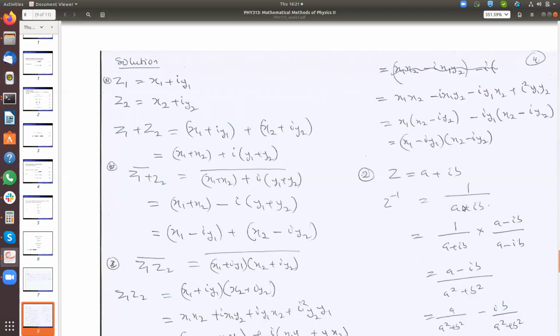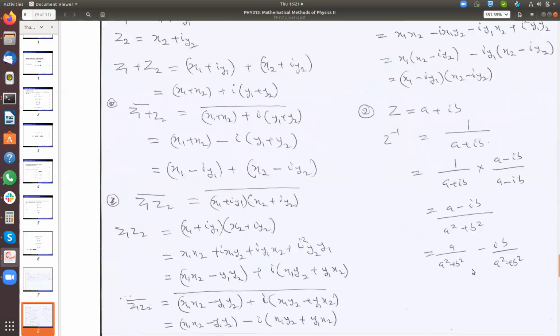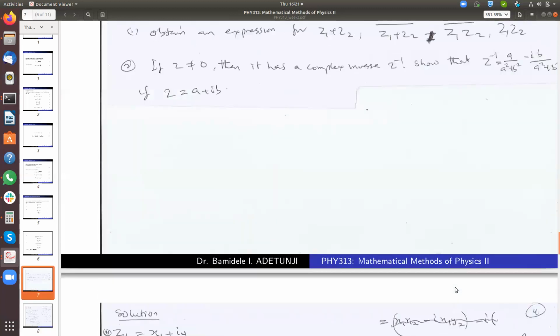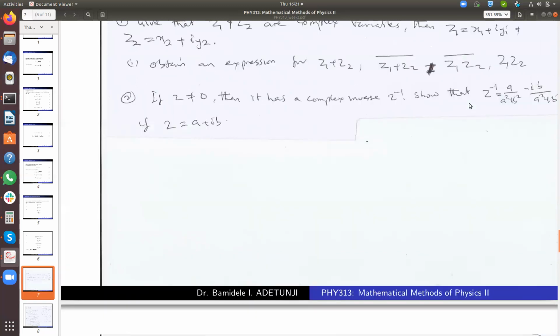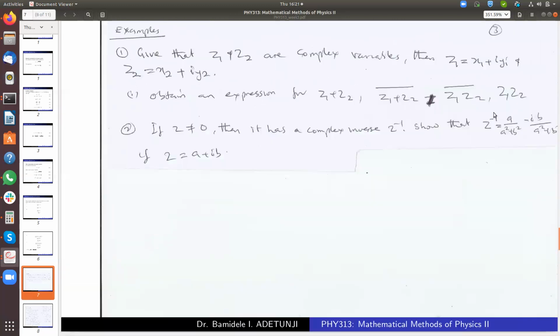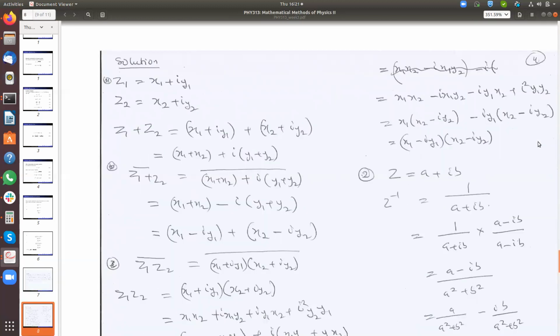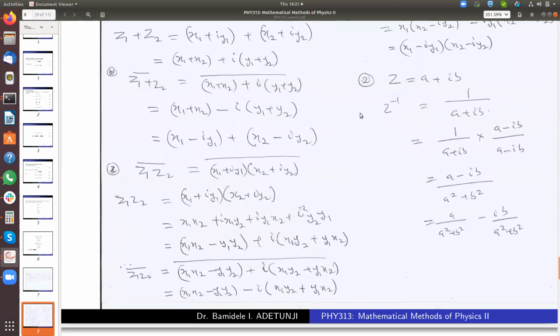This is a plus ib, so you multiply by a minus ib up and down. By the time you do that and collect the like terms, you have this expression which satisfies the condition stated in this problem, that we should show that 1 over z is equal to this, and this is what we have put here. So any questions?